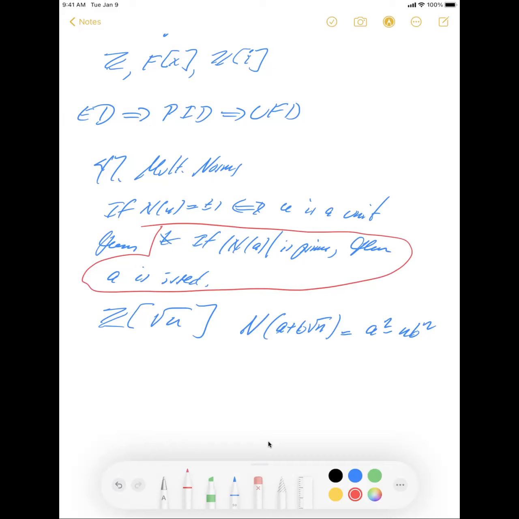No, not that one. 45.4. So the ideal generated by p is maximal if and only if p is irreducible. Wait, could you say the number of that again? 45.3, I think. I mean 45.4. Okay, thanks. Yeah, that's good.